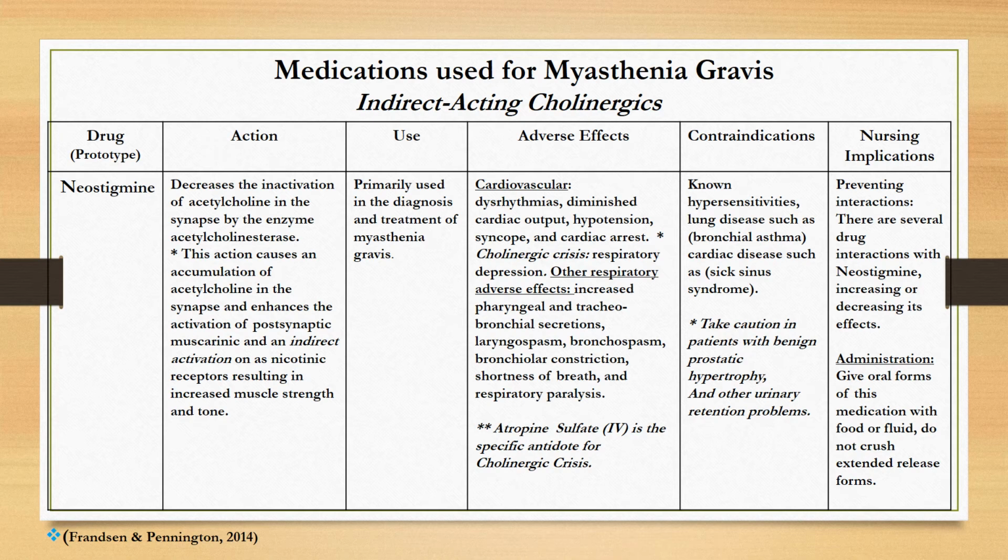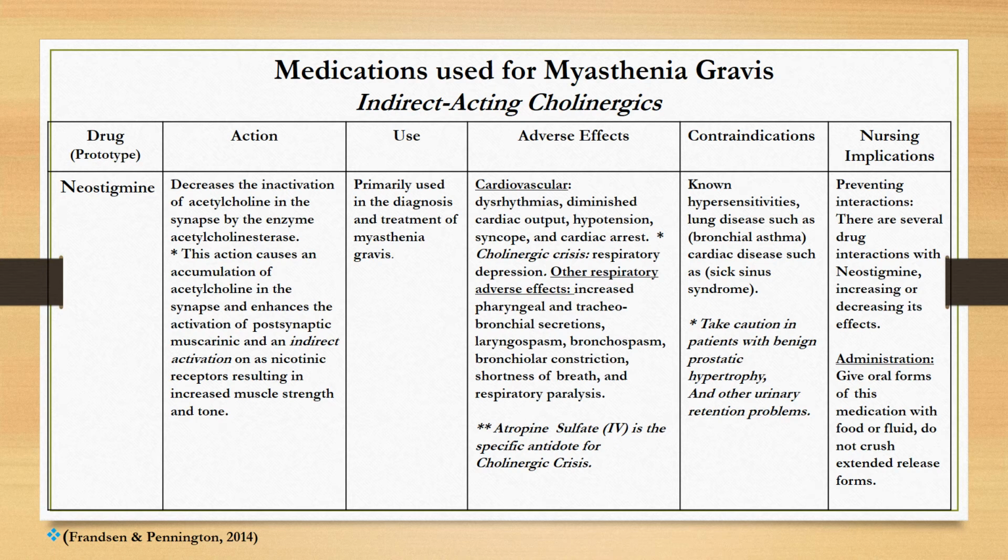Contraindications, of course, anybody allergic to the medicine or hypersensitivity, any kind of lung disease such as bronchial asthma, and that'll be something consistent throughout these medications that we'll see.